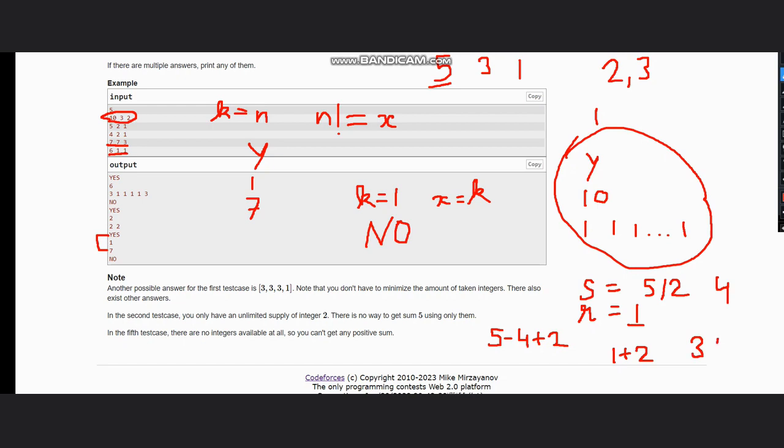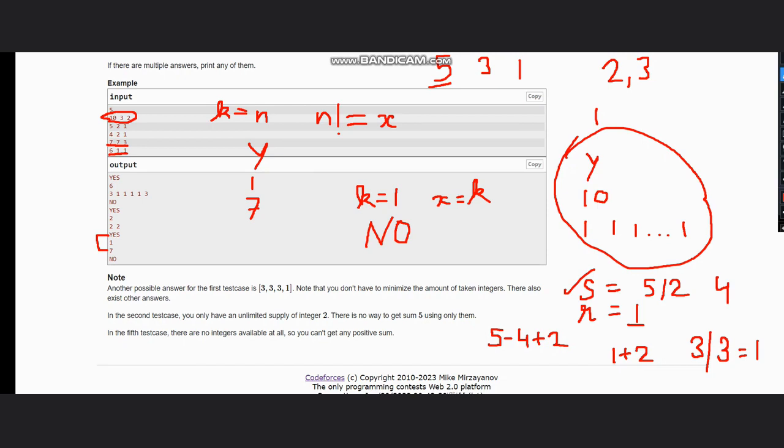Now we know that the remainder is 1 or 0. If the remainder is 0, we would simply return yes, and the number of 2s needed would be our s. Now if the remainder is 1, we are adding 2 because it will become 3, and then we can take the remaining number divided by 3, which would give us 1.